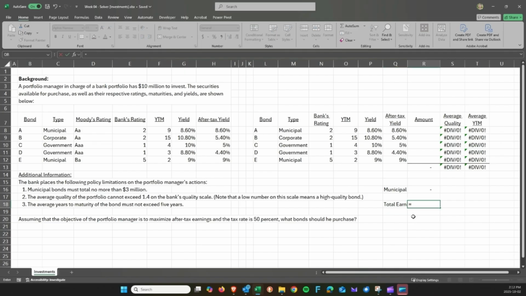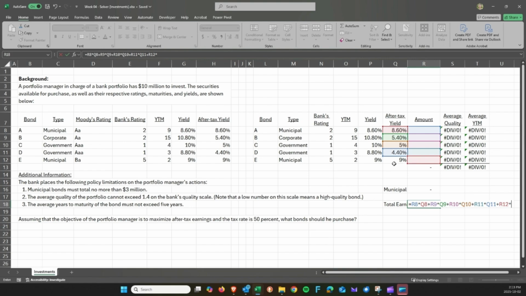If I invest a certain amount in this bond, and that yields 8.6% after tax, that would be my earnings. So I can go through this just like this. This is a very inefficient way of going about it, but there's only 5 rows.